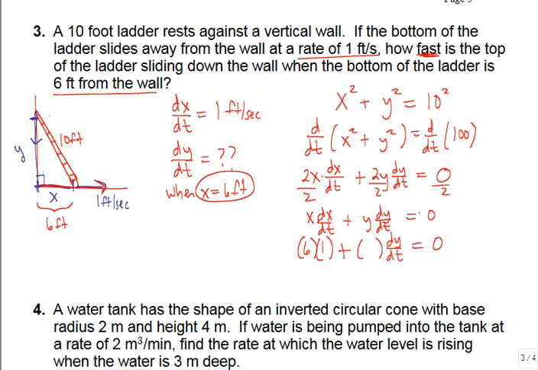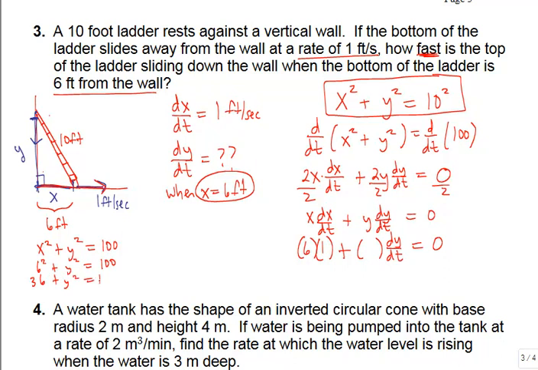Well, you know the relationship between x and y at any moment in time. So if x is 6, what would that force y to be? We can use our Pythagorean theorem to figure out what y has to be at this moment in time. So if I plug in 6 for the x into my original equation, I'm going to get 36 plus y squared equals 100.